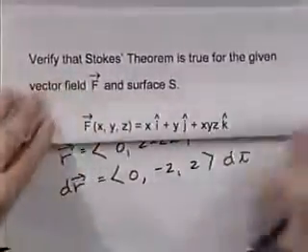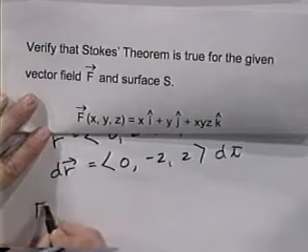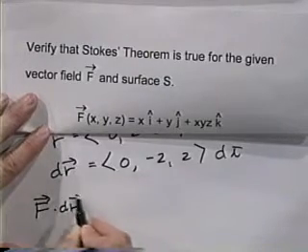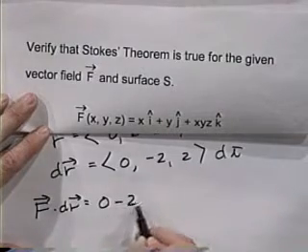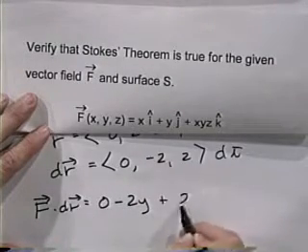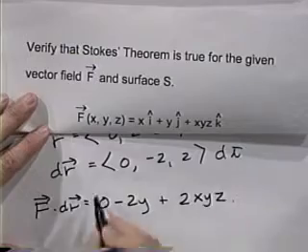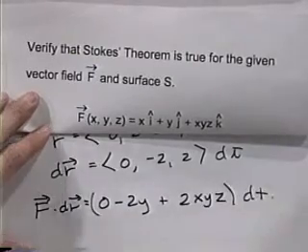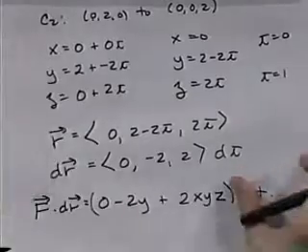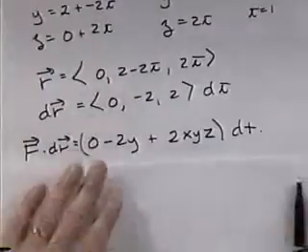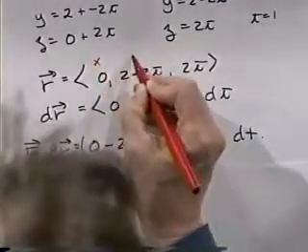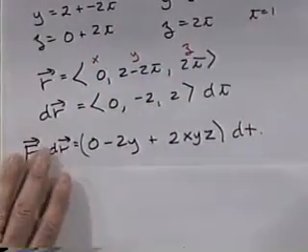So coming back here, f dot dr is going to be 0 times anything is 0. Minus 2 times y is minus 2y, plus 2xyz. And then we do have the dt at the end. All right, except we have to plug in. Remember, this is your x, this is your y, and this is your z.